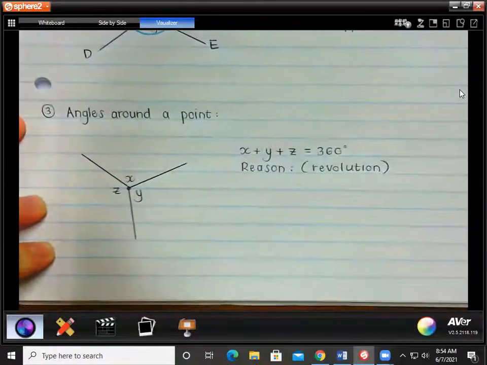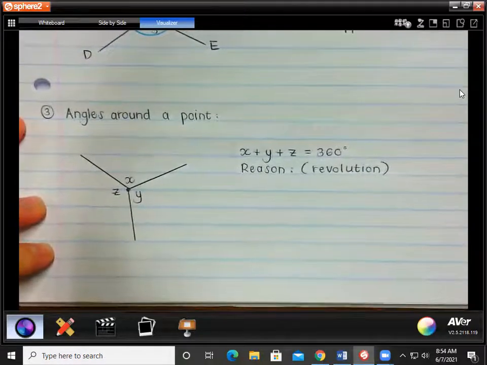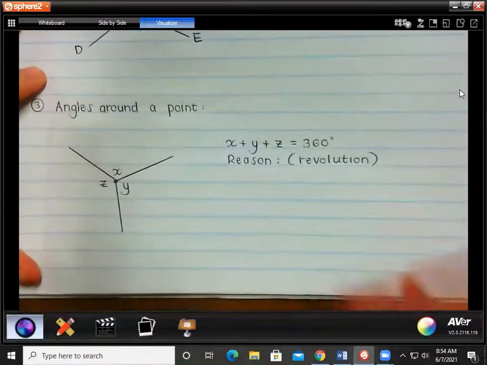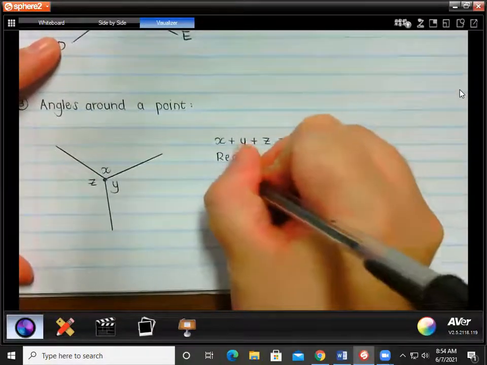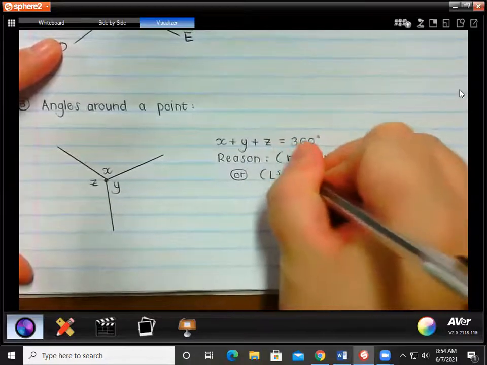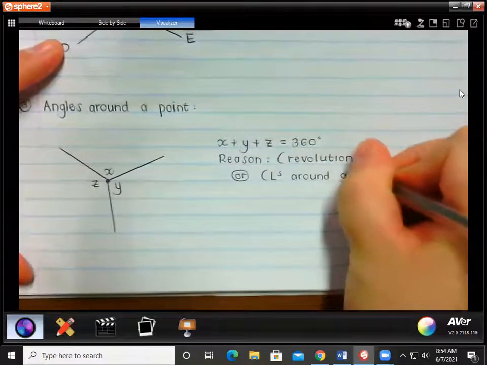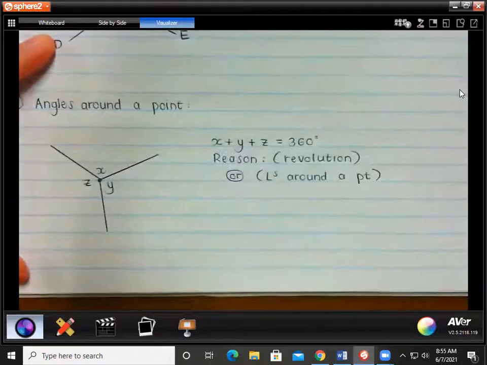So you can write that if you want, because it's 1 revolution around the point, and that will be 360. Or you can write angles around a point. And you are allowed to abbreviate point to PT like that.